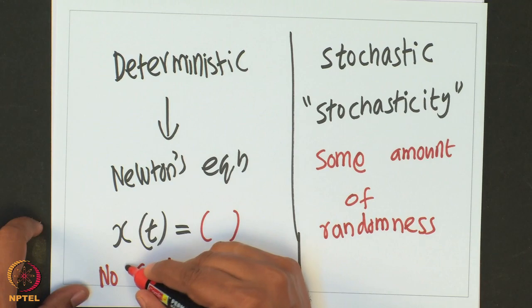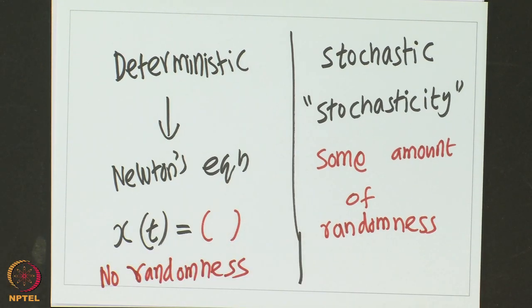Examples, as we said, are the motion of planets, the motion of a heavy ball under gravity, or things one would describe using classical mechanics. Many of those things are deterministic. However, what happens in a living system is slightly different.